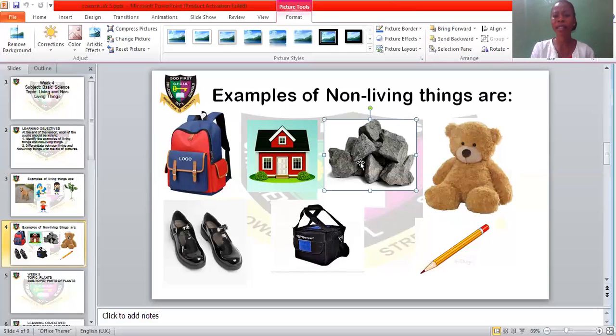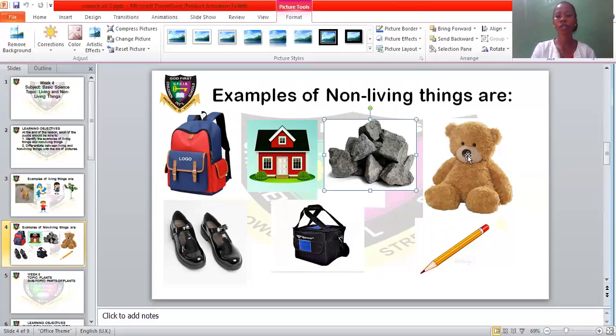So a stone is an example of what? Non-living thing. Yes, my children can identify examples of non-living things, and they can differentiate between living things and non-living things.